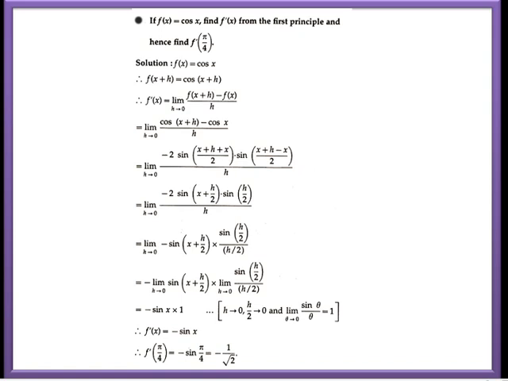Now with usual notation f(x) is cos x, f of x plus h is cos of x plus h. What is f dash of x as per definition? Value of this limit. Substitute. Use cos a minus cos b formula. What is that? Minus 2 sine of first angle plus second angle by 2 into sine of first angle minus second angle by 2 and so on.